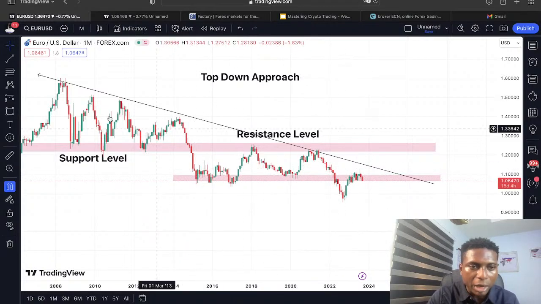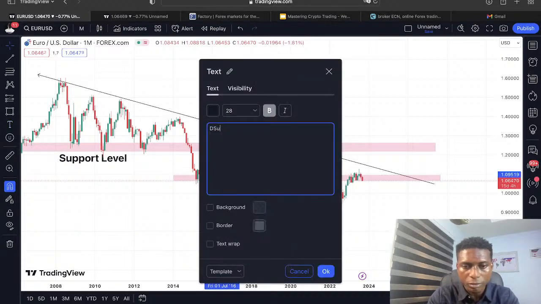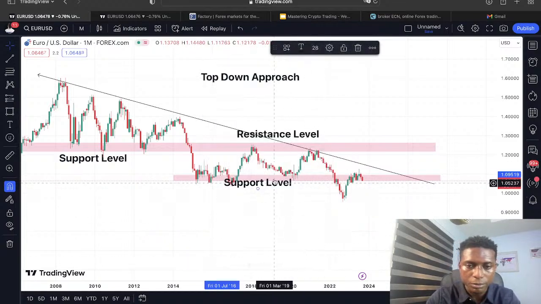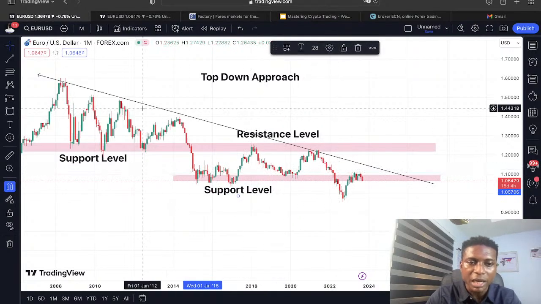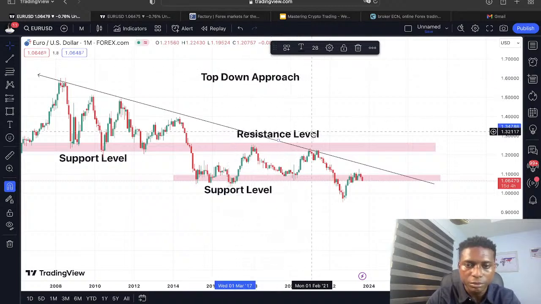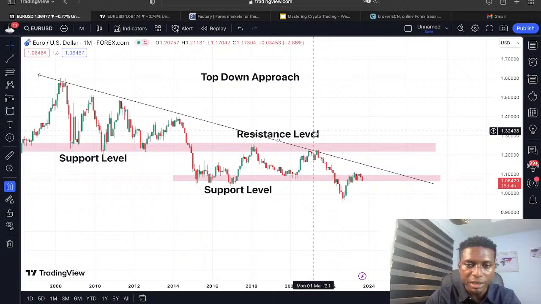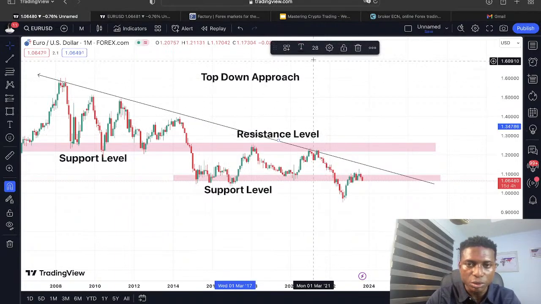So this level now being a support level, after the breakout, we now have the support level as a resistance zone.